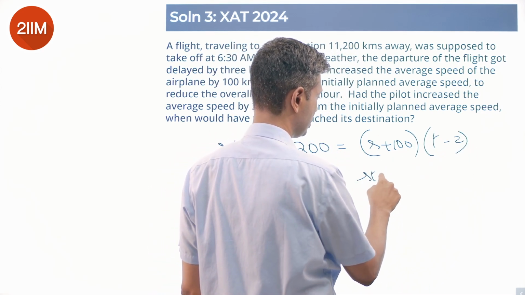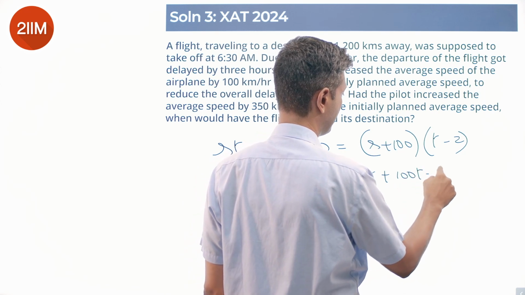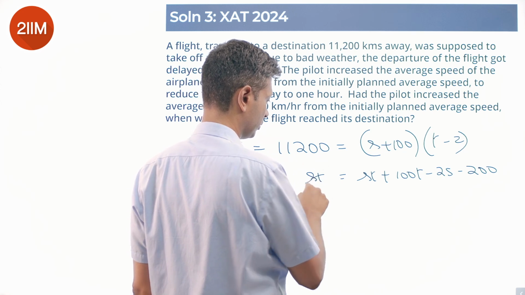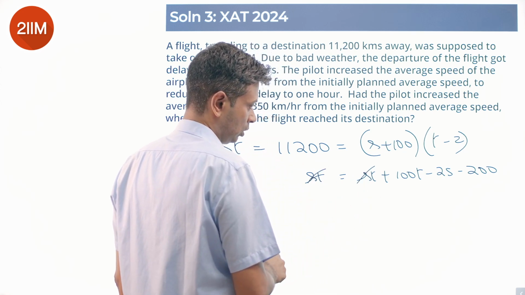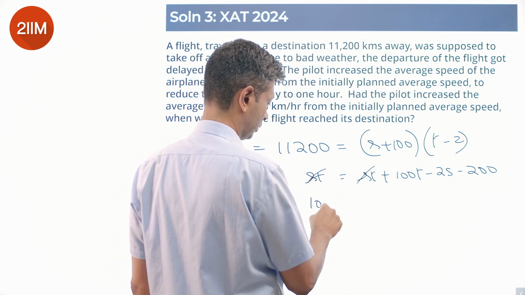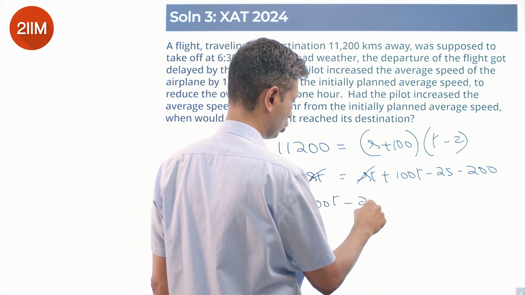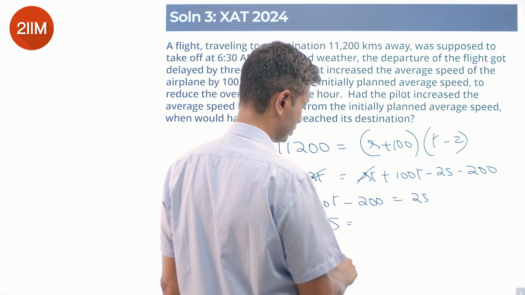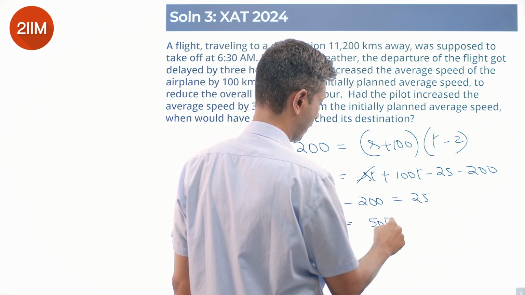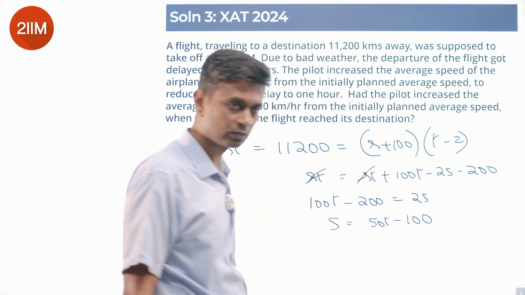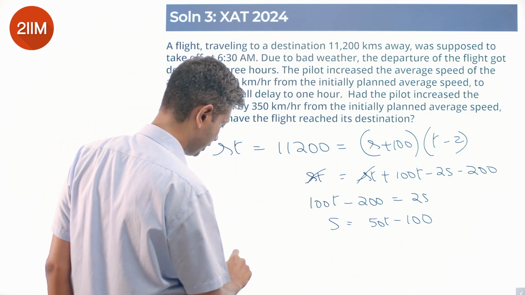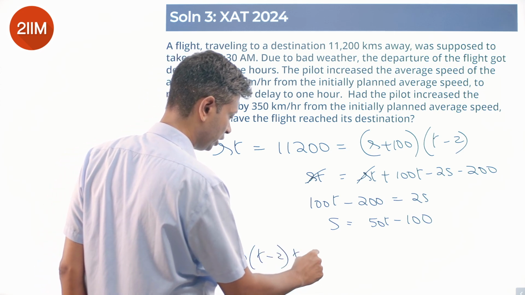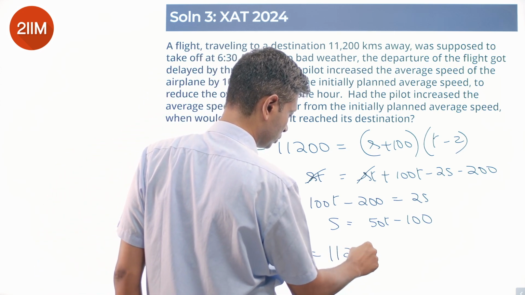Expand this, we get st plus 100t minus 2s minus 200 equal to st, or 100t minus 200 equals 2s, or s equals 50t minus 100. Substitute that here. 50t minus 100, 50 into t minus 2 into t is 11200.